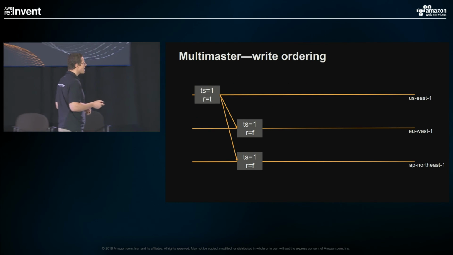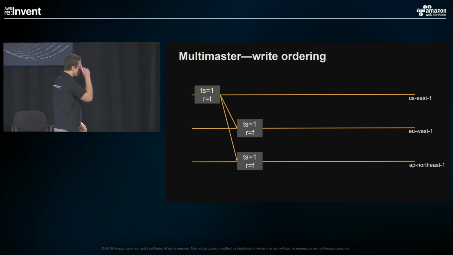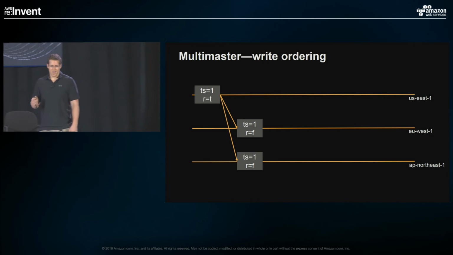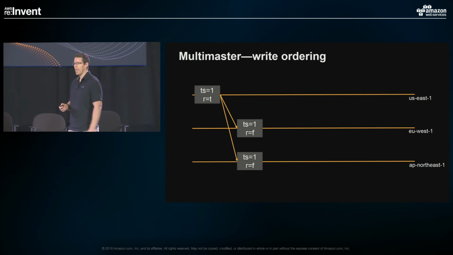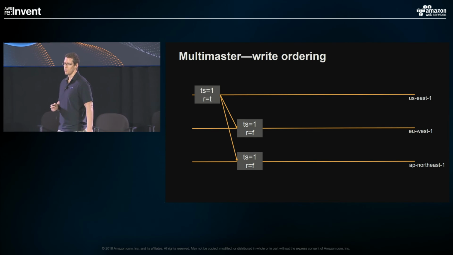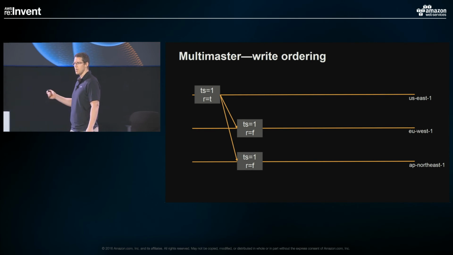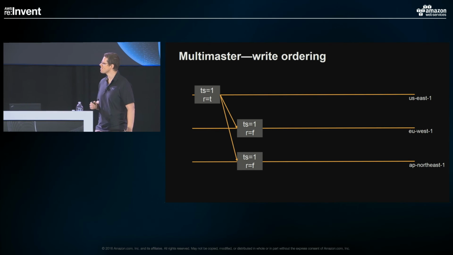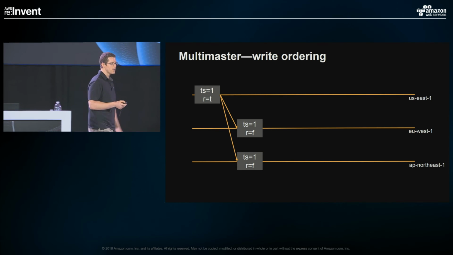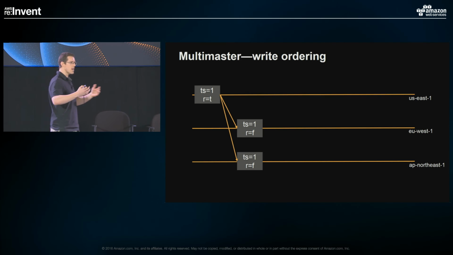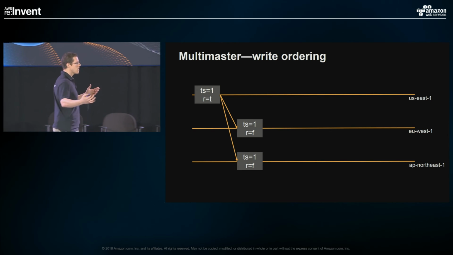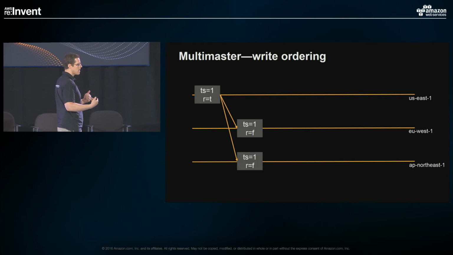So again, to make things visual and concrete, I made some timelines. This is the happy path. This is a write coming into one region. It's really simple because there's no potential conflict. You just replicate everywhere. It may also be useful to note that in our setup, our multiple regions are unlikely to get concurrent writes.